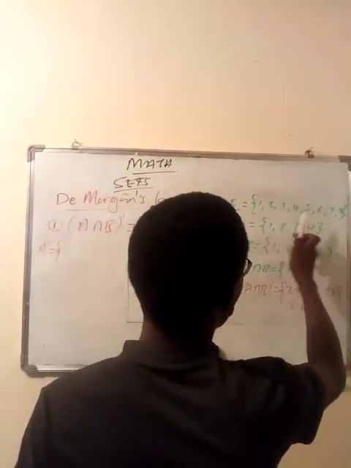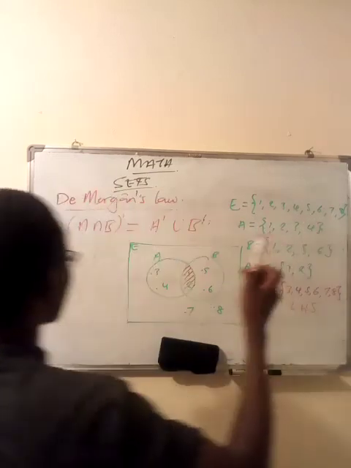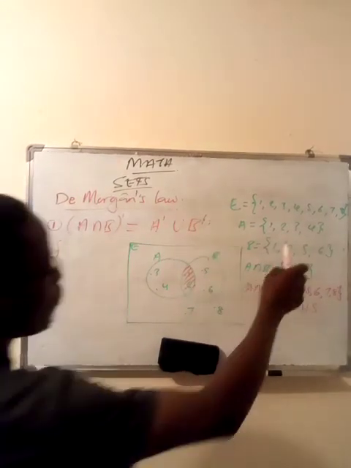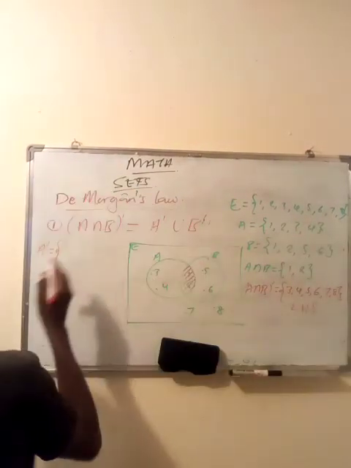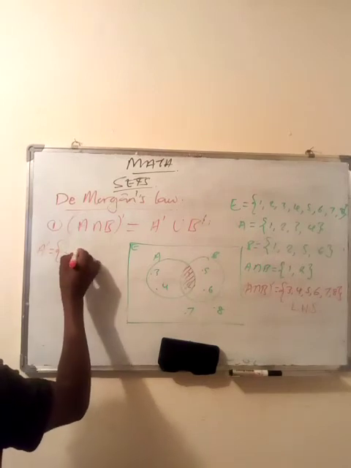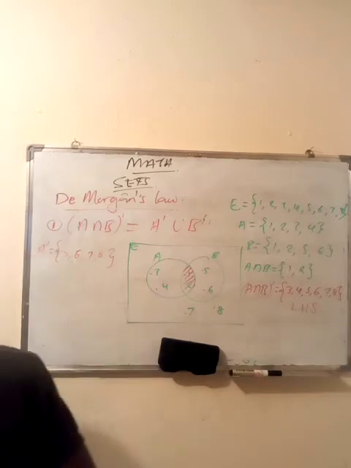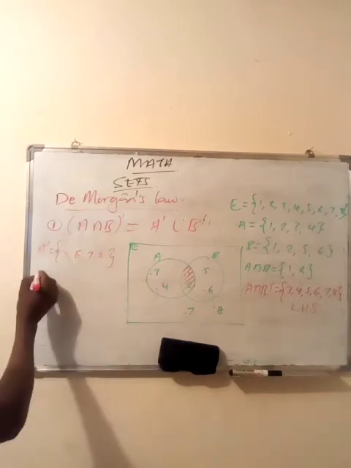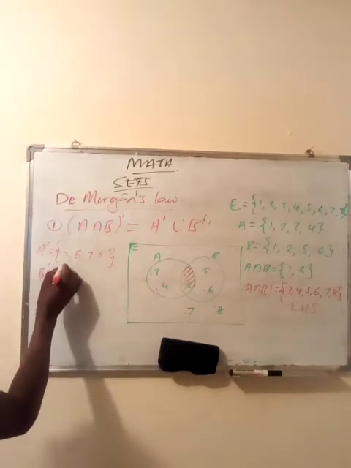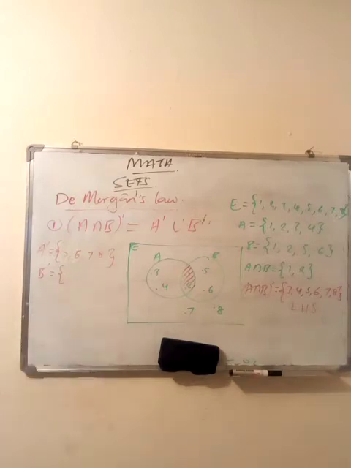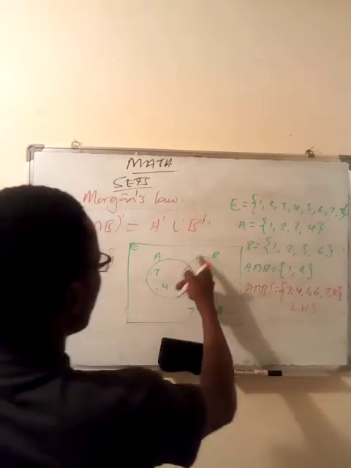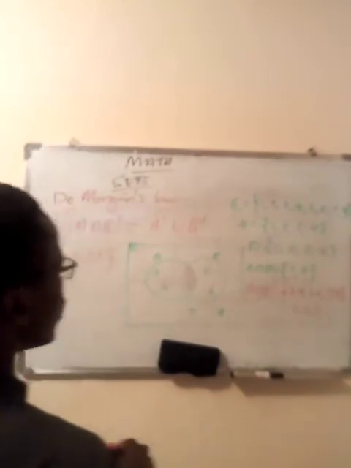Okay, so I can call this one statement 1, and A complement union B complement is a subset of A intersection B complement. We can call this one statement 2. Now we have to prove the two statements.